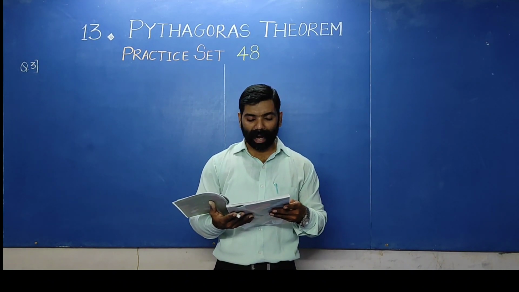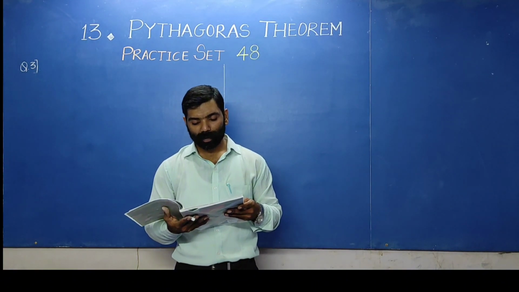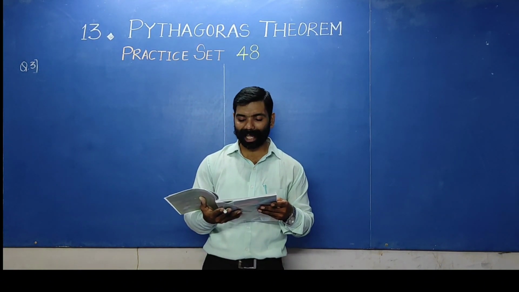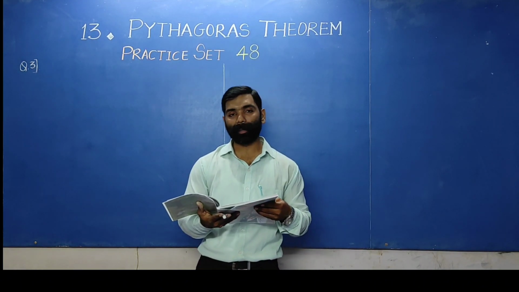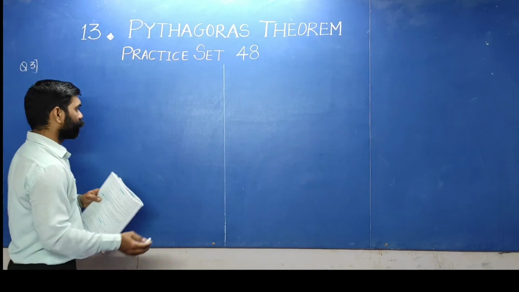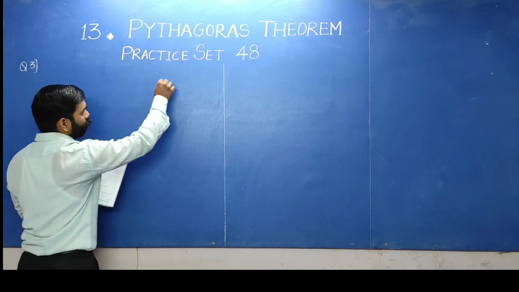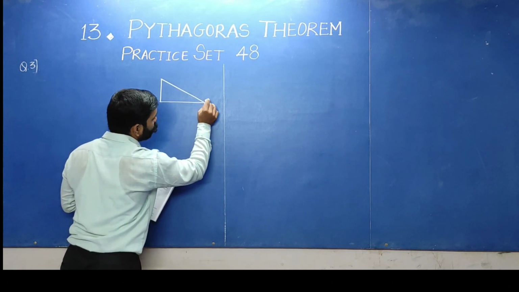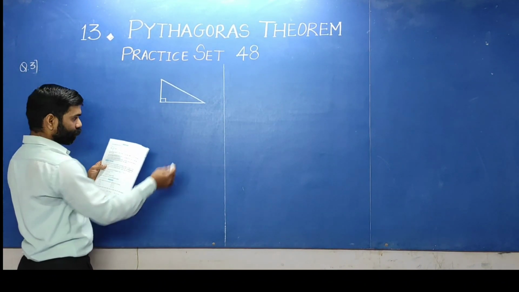In the right angle triangle LMN, measure of angle M is equal to 90 degrees. If length LM is equal to 12 centimeter and length LN is equal to 20 centimeter, find the length of seg MN. It is the same kind of sum which we have done previously. So let me draw the diagram for you for convenience. Students, always try to draw a diagram, it will help us.